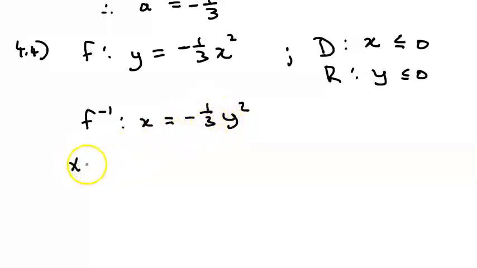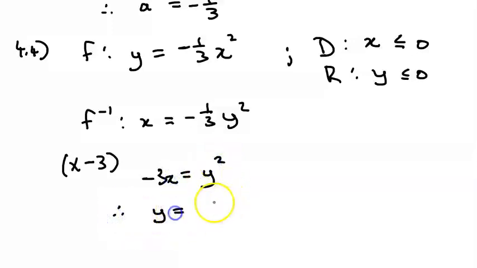So I'll multiply by negative 3, and I'll get minus 3x equals y squared. Therefore, if I take the square root of both sides, y equals plus or minus the square root of minus 3x.